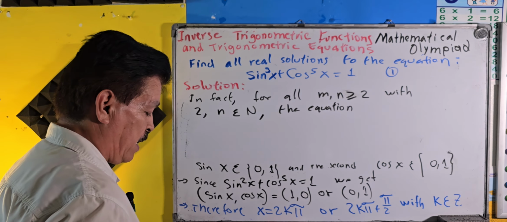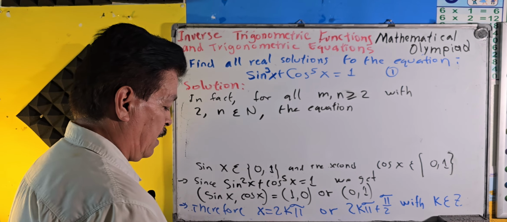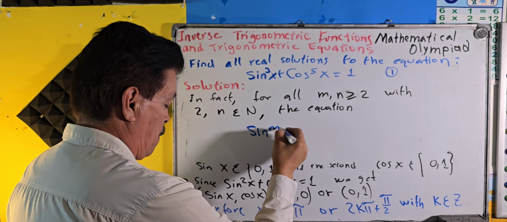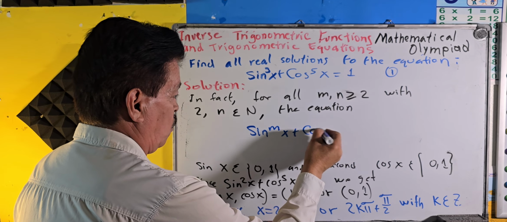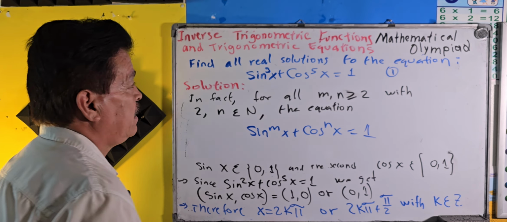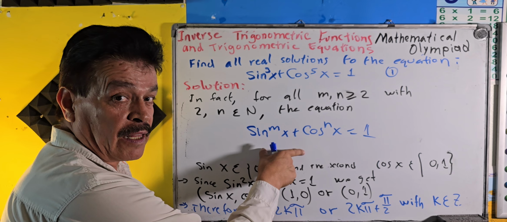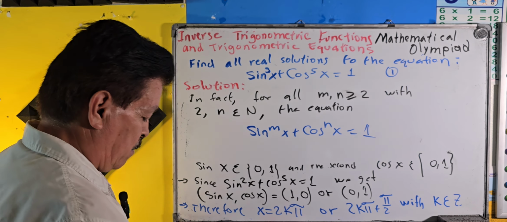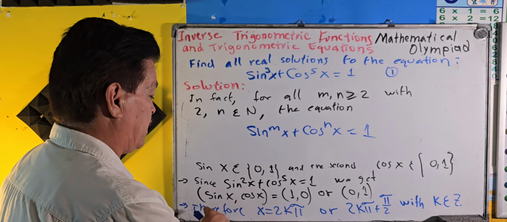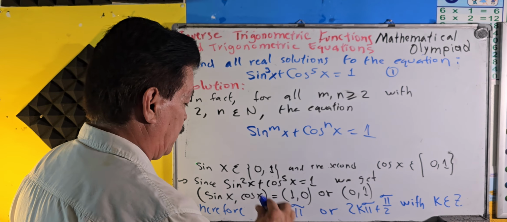So the equation we have is sine to the m x plus cosine to the n x equals 1, right? So find all real solutions for the equation. This equation can be solved with the same methods, okay? This is the solution right here. Our conclusion is the solution for this mathematics problem.